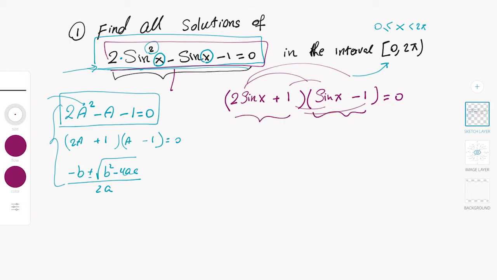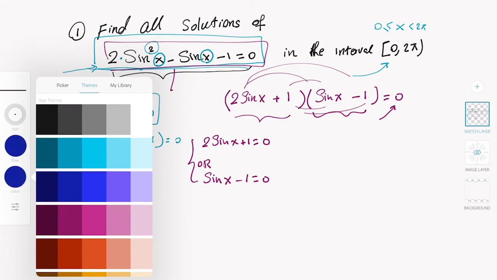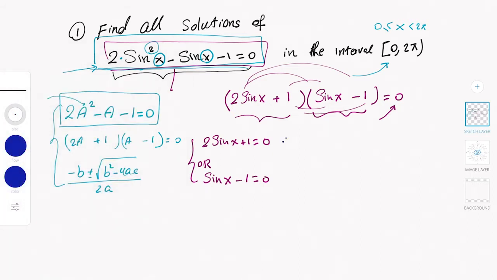Now we have two parentheses. When you multiply them, you get 0. That means the first parenthesis should be 0, or the second parenthesis must be 0. If the first one is 0, by subtracting 1 from both sides and dividing by 2, we get sine of x equal to negative 1/2.